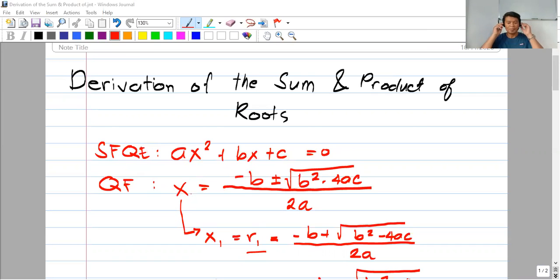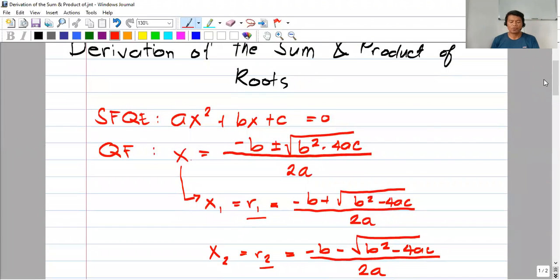And the quadratic formula, which was derived in our previous video, is x is equal to negative b plus or minus the square root of b squared minus 4ac all over 2a.